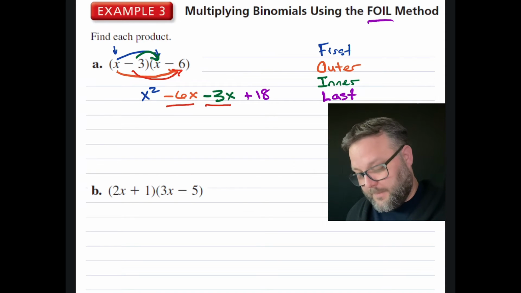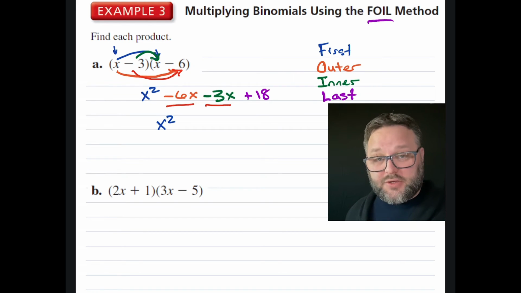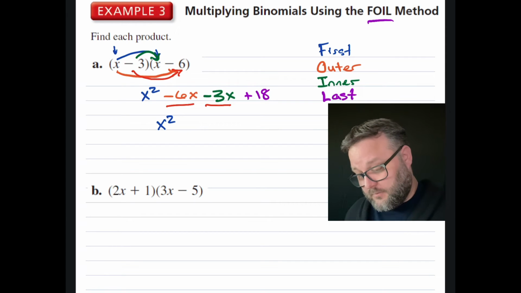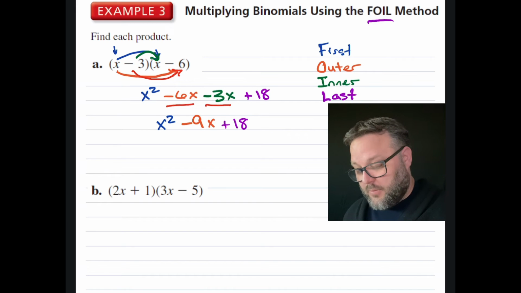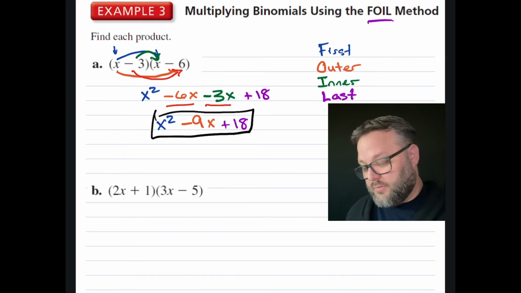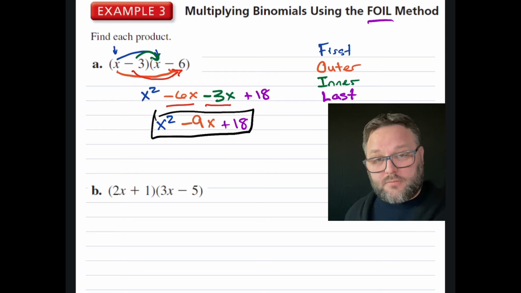There we go. So what I end up with is x squared, because nothing changed it, it's the only one. -6 and -3 make -9x plus 18. So the product of the original two binomials is found.